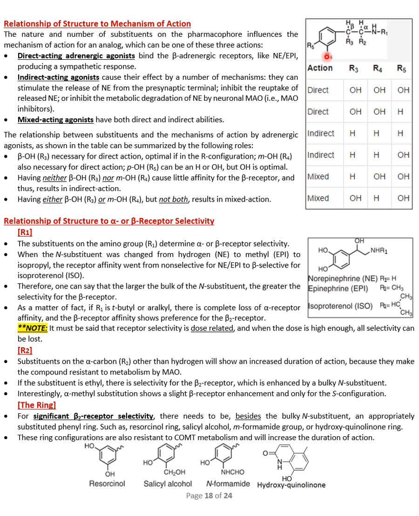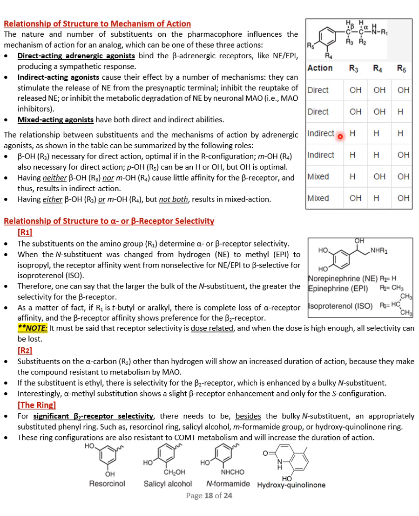Now based on the substitutions on these R4, 5, and 3, we'll only use these three groups, R3, 4, and 5, and we should be able to determine the mechanism of action for any beta agonist. In fact, we could use only the R3 and R4, and that should be enough to know what is the mechanism of action for these drugs.